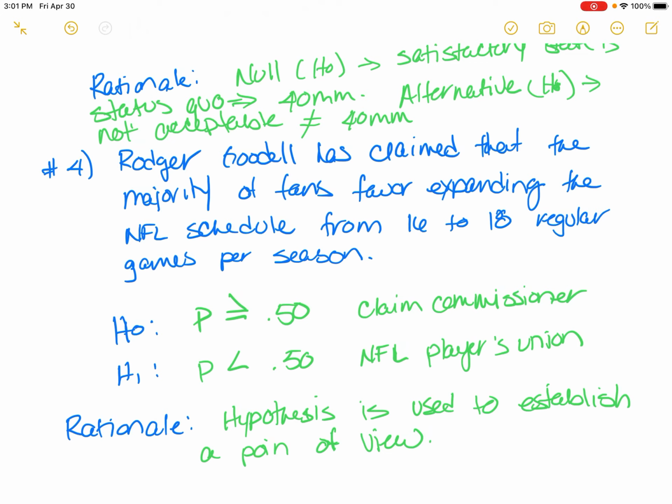The NFL commissioner, Roger Goodell, is using this to establish his point of view, which is that the season should be expanded, right? And through research, we can show that either we are going to reject or not reject his claim that 50% of the fans want an extended season.